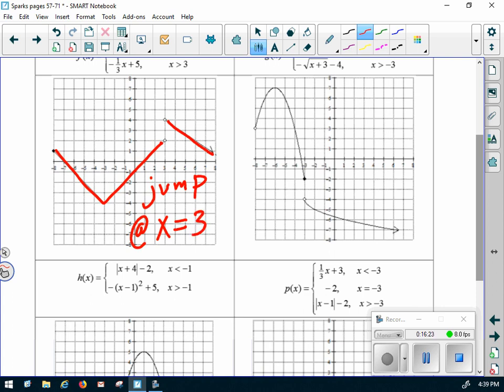Look at the second one. We trace, we trace, we trace. Whoop! The rest of it's over here. Point discontinuity, do they connect at an open circle? Or a jump discontinuity where the two pieces don't connect at all? Yeah, this is another jump discontinuity. And that happens at x equals, I believe that's -3.